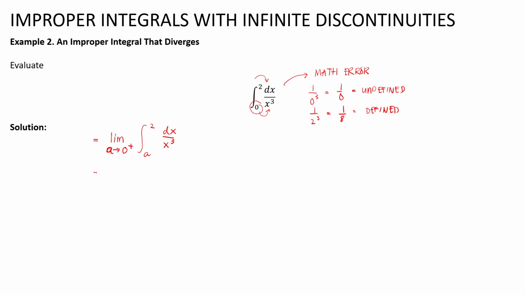Getting the integral, by moving this to the numerator, this gives us the integral from a to 2 of x to the power of negative 3 dx. This gives us the value of x to the negative 2 all over negative 2, from a to 2.